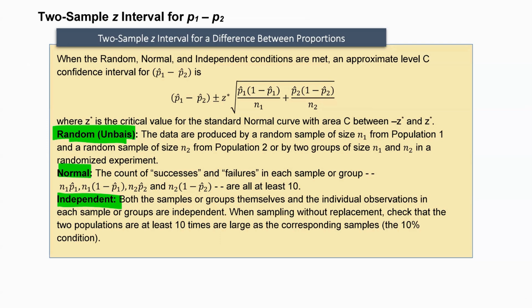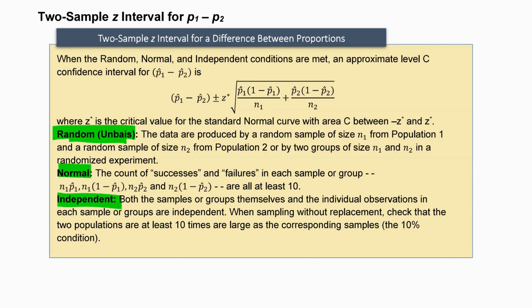Our samples better come from two random samples from two distinct populations. Our normal condition, we better make sure that both p hat 1 and p hat 2 are suggested to be normal distributions. That is, we should expect at least 10 successes and 10 failures from each of those different samples.